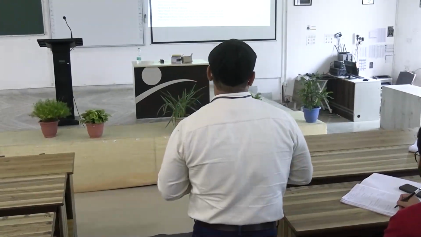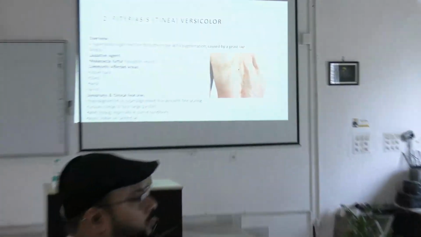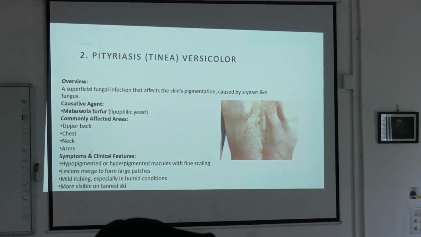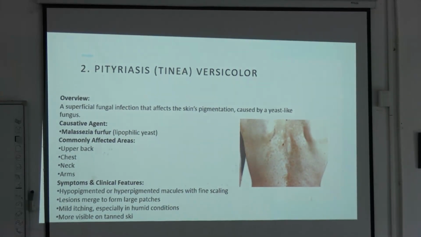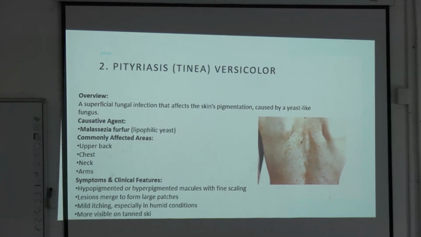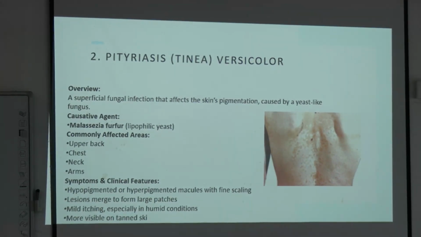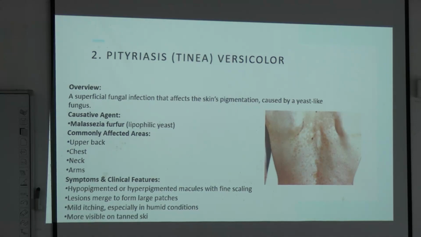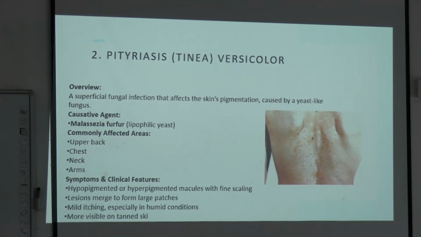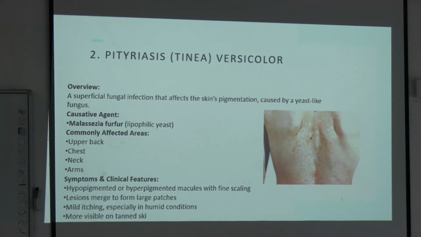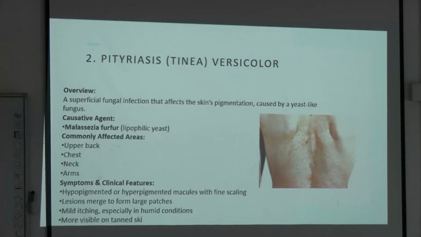This is all about it. Malassezia furfur is the causative agent and the name of the condition is tinea versicolor or pityriasis. Okay. So first is dermatophytosis, second is tinea versicolor or pityriasis.